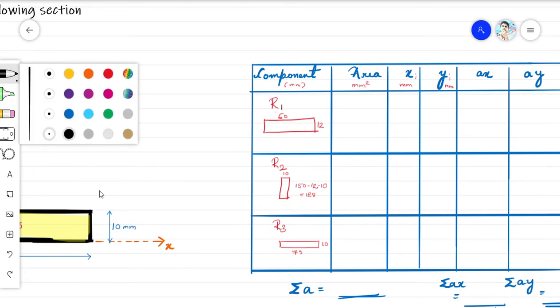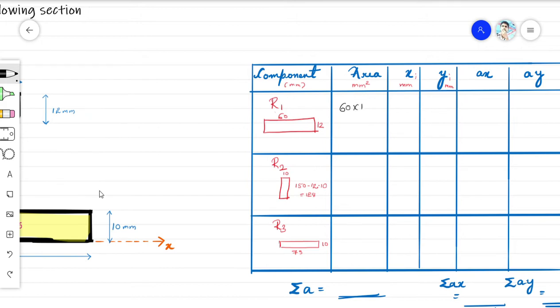The area, directly we can write, is 60 into 12, so the area becomes 720 mm square. We have already written mm square over here, so no need. R2 is 128 into 10, that is 1280 mm square. The last one is 75 into 10, that gives you 750 mm square.